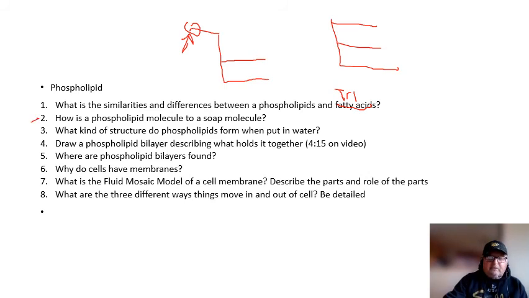Okay, number 2. What kind of structure do phospholipids form when they are put in water? They form layers, and so they form phospholipid bilayers. The tails will interact through London dispersion forces. The heads will interact with water through dipole-dipole interactions.